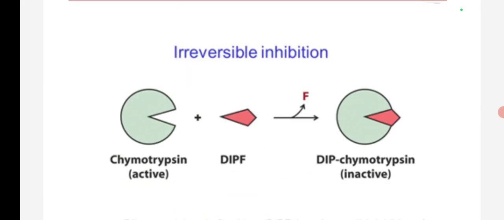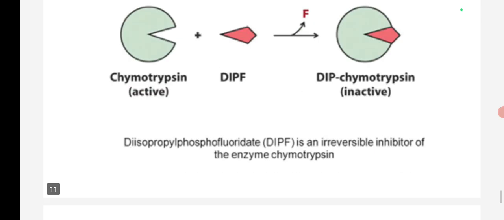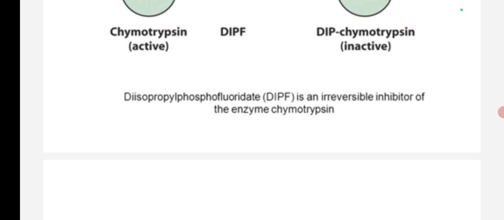One more example of irreversible inhibition: chymotrypsin reacts with diisopropyl phosphofluoridate, which releases the fluoride, and DIP-chymotrypsin is the inactive form. Diisopropyl phosphofluoridate is an irreversible inhibitor of the enzyme chymotrypsin.